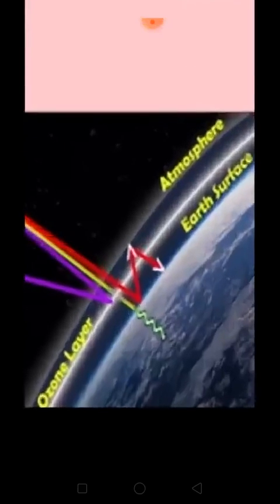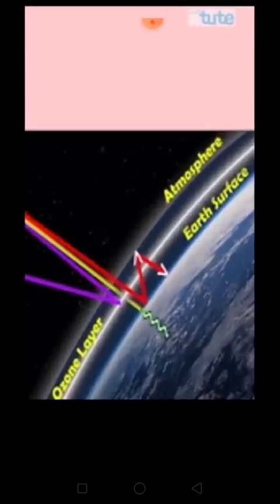The greenhouse effect means what? When the sun rays enter a greenhouse, these rays get trapped inside to provide a favorable environment for the growing plants. In the same manner, when the light rays from the sun enter the atmosphere, they are trapped inside the earth's atmosphere. That is why we call it the greenhouse effect.